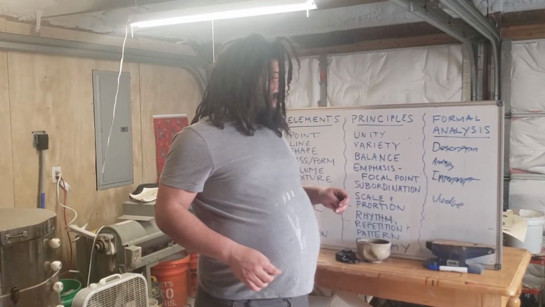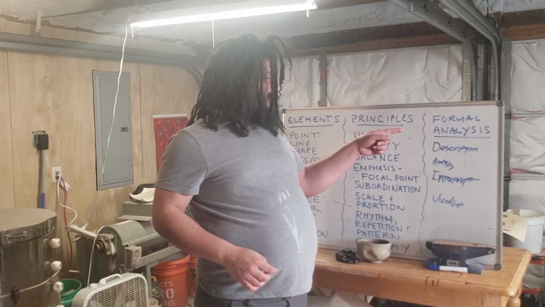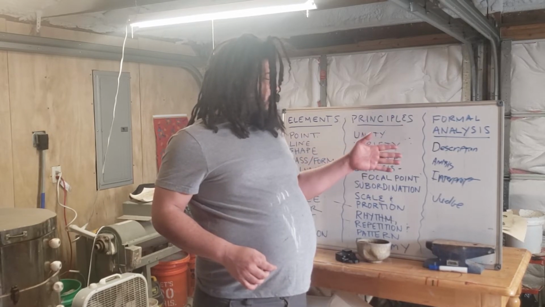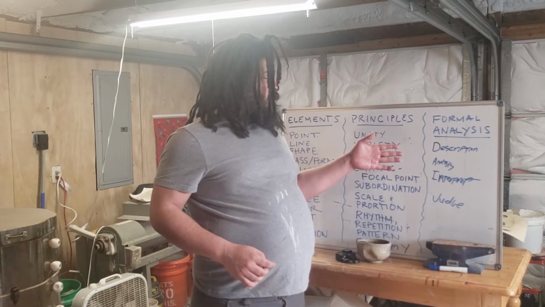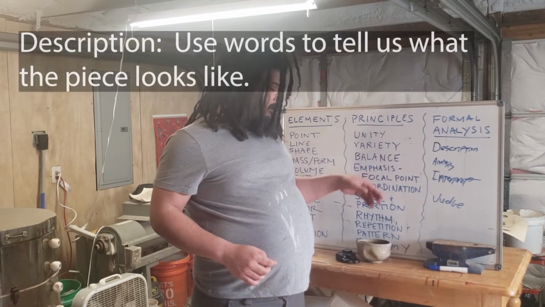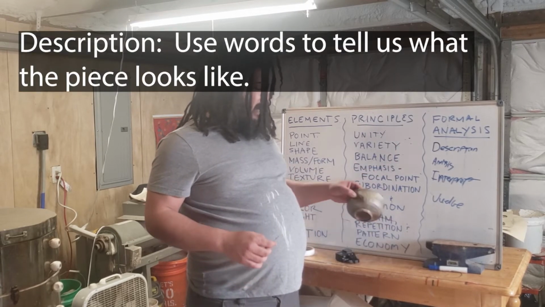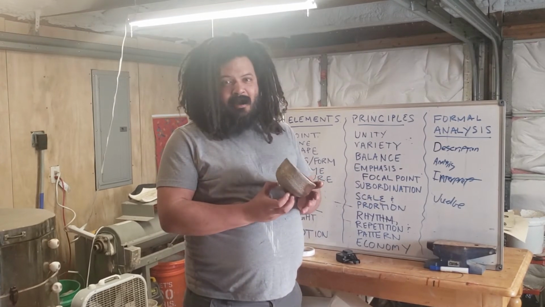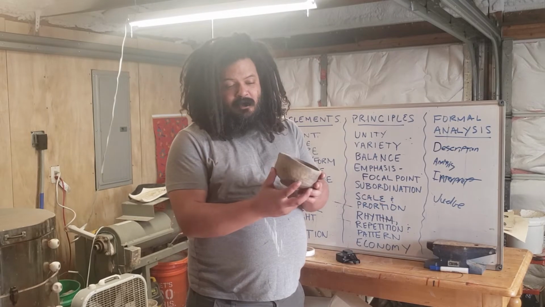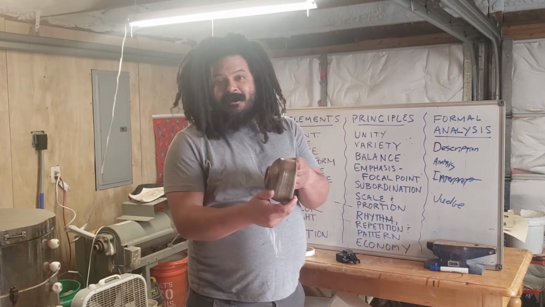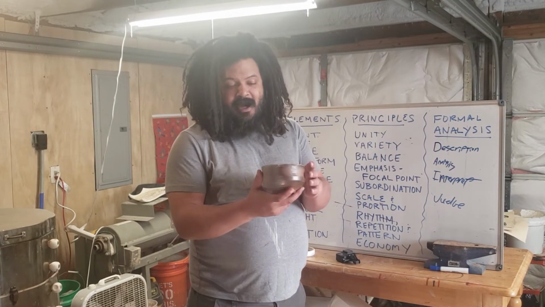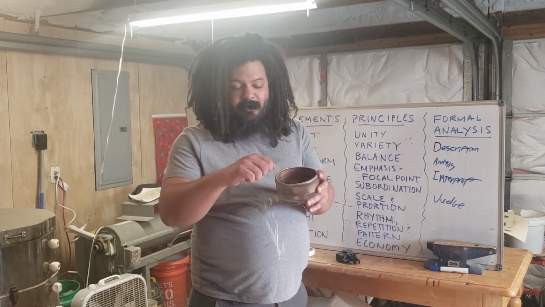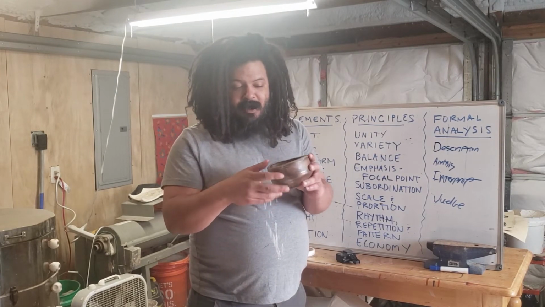Okay. We're going to talk a little bit about formal analysis and the four components thereof. So description as the first piece of the formal analysis. This happens to be a ceramic object in the round. It's a pot, in fact, designed maybe for eating out of, maybe for drinking out of.